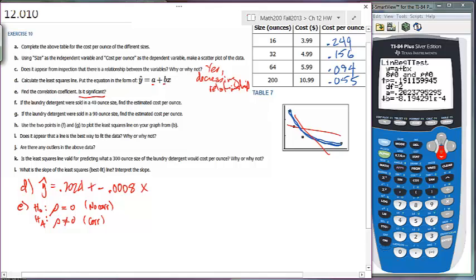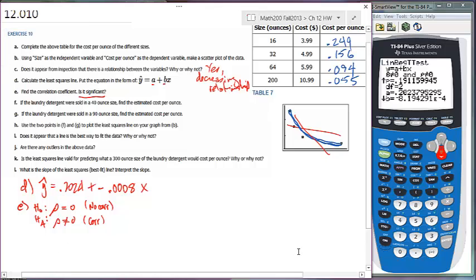So rho is the correlation coefficient for your population that you're testing, and that goes from -1 to 1. It's a value from -1 to 1. The closer you are to 1, the more correlation you have. So the farther you are away from 0. And so that's why the alternative hypothesis is the hypothesis that has correlation.